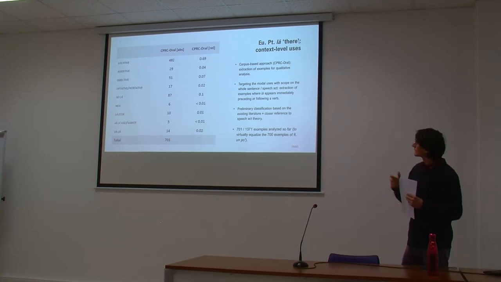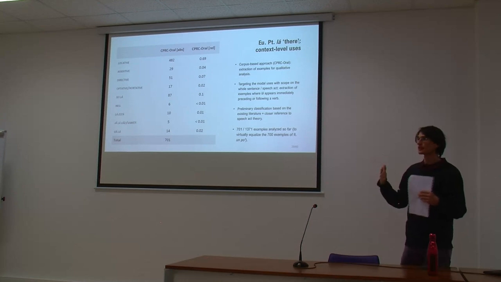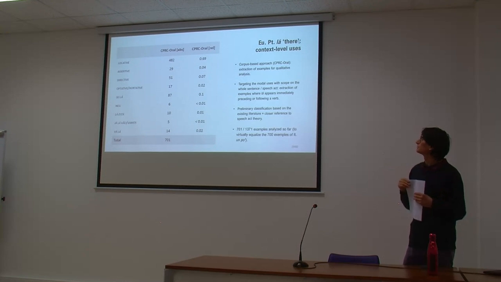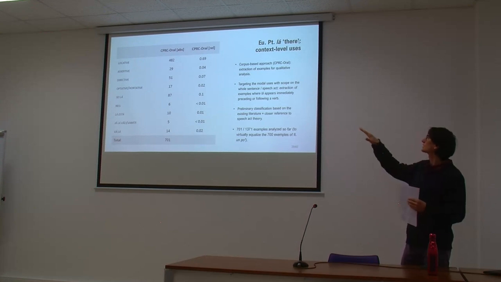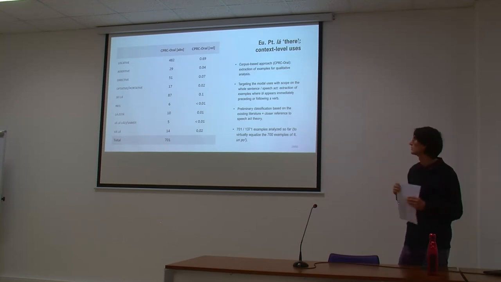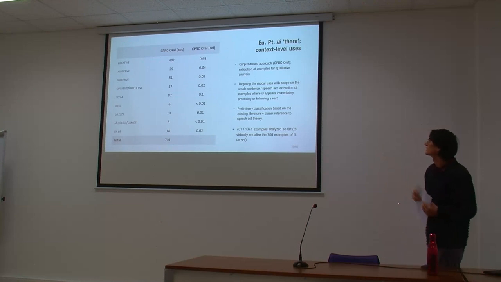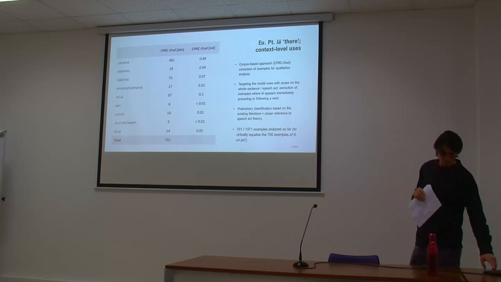It will not be used to perform quantitative analysis of la because it's a preliminary classification, but I think it gives an idea of the proportions between the different uses. The deictic locative, the prototypical one, has almost 500 uses, and the rest are kind of marginal modal uses, which are, however, I think pretty interesting.